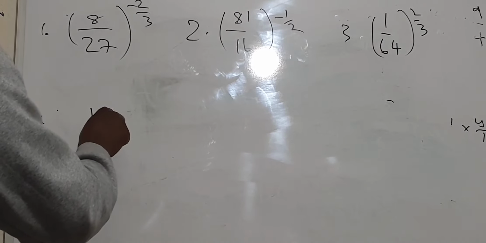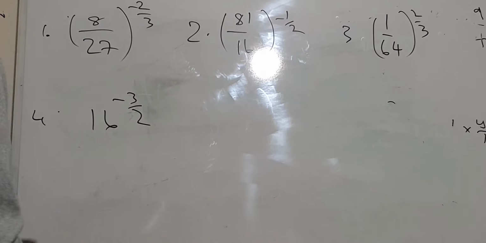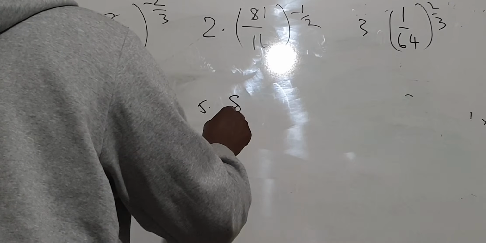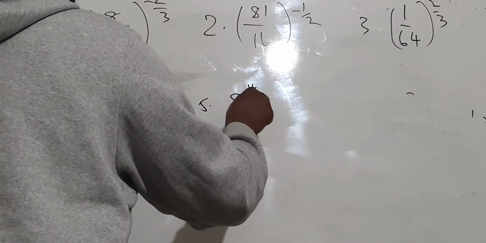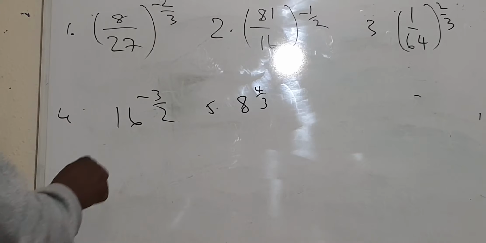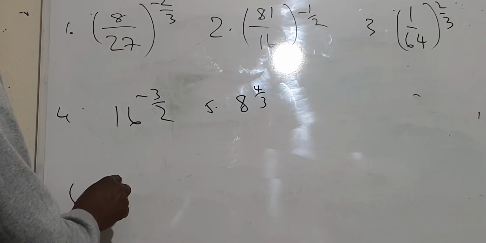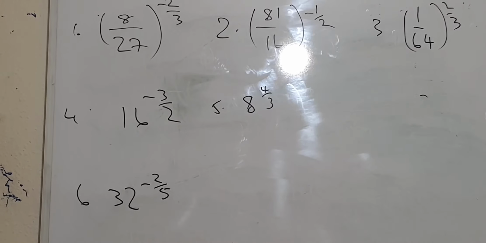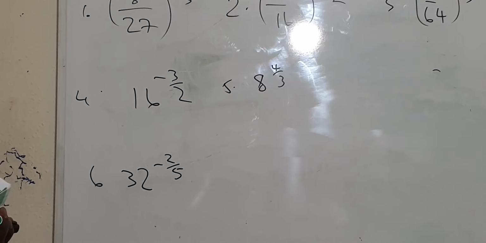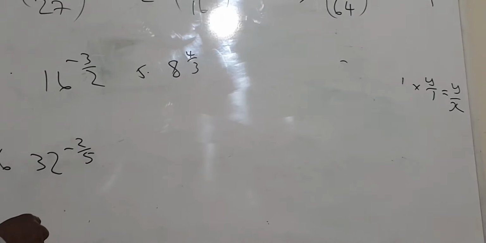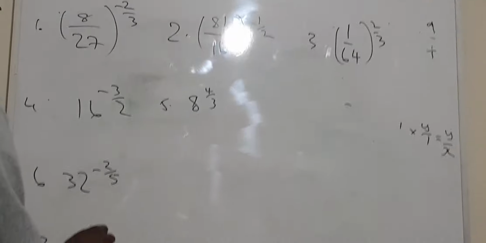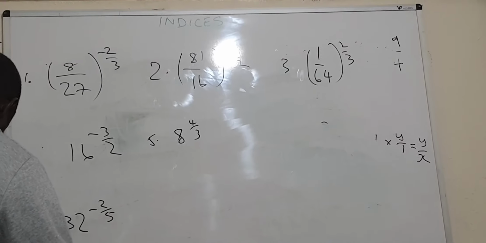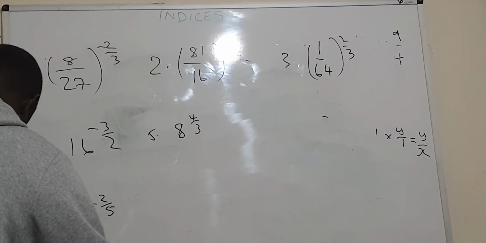Number 4: 16 to the power minus 3 over 2. Number 5: 8 to the power 4 over 3. What's that? And number 6: 32 to the power minus 2 over 5. I think these are the most difficult ones. And he tried to put the killer one, saying 25 to the power minus half times 64 to the power 2 over 3.